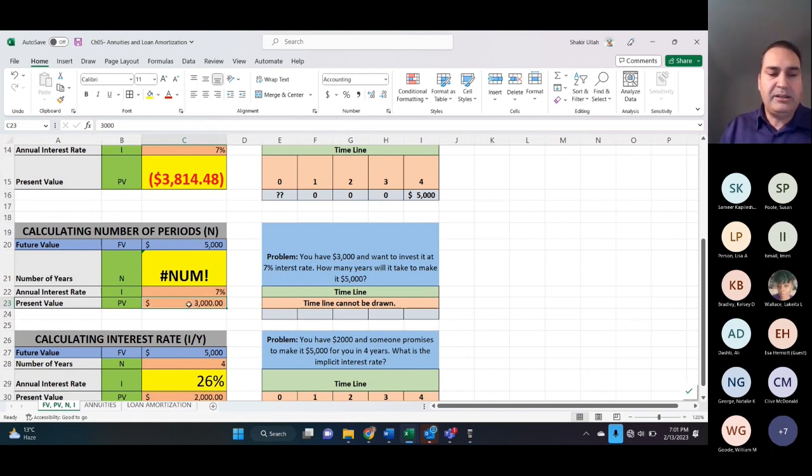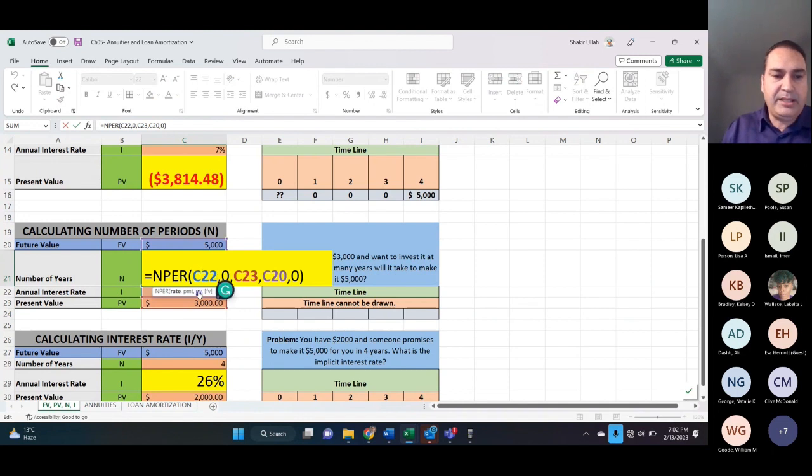So what I can do, I can either make it a negative number right here, put a negative, and I get my answer correct. Or what I can do, I can make that number, either the present value or the future value, whichever applies, negative within the formula.